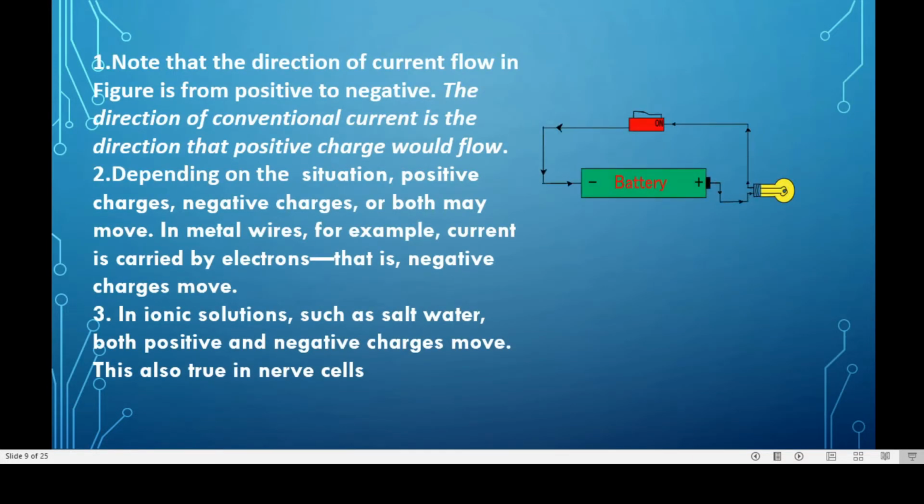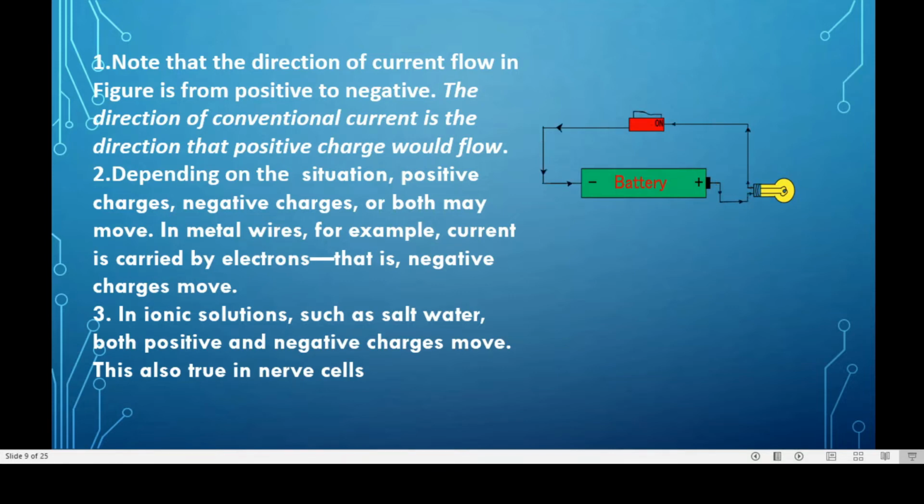Here also, you note that the direction of current flow in the figure is from positive to negative. The direction of conventional current is the direction that positive charge would flow. Depending on the situation, positive charges, negative charges or both may move. For example, in a metal wire, current is carried by electrons.